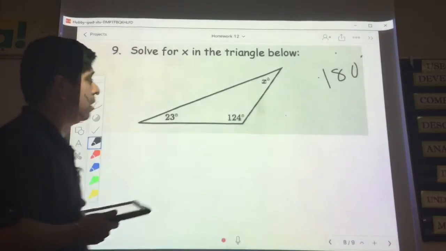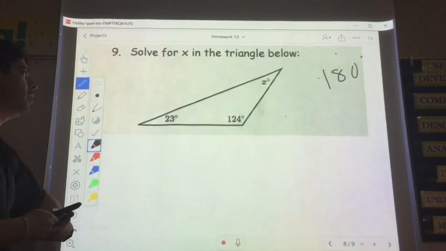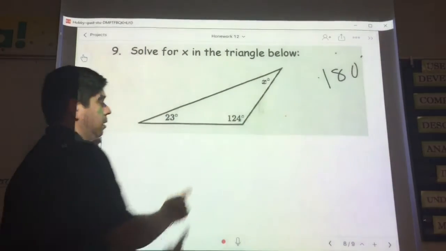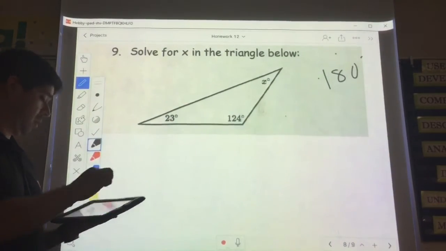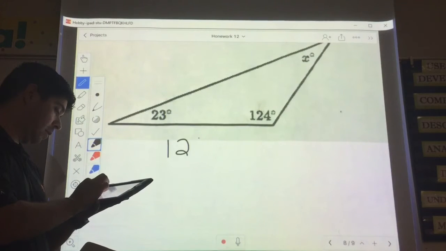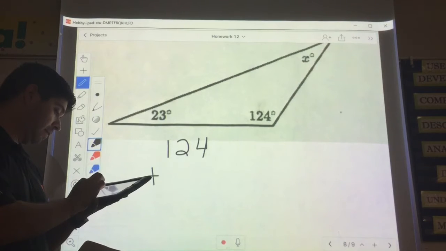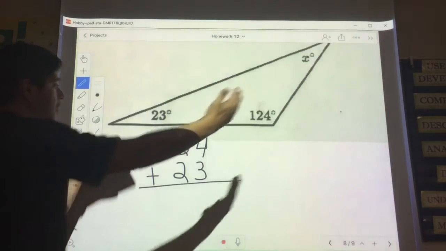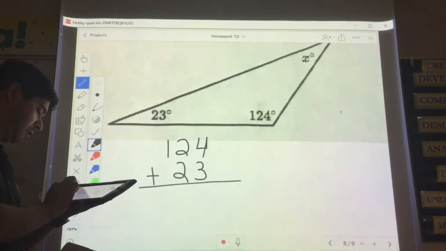I just need to find that one. If I know those 2 angles, I can add up the 23 and the 124. This is going to give me these 2 combined, so I'll get 147.